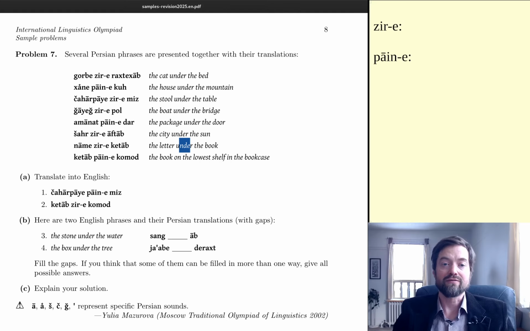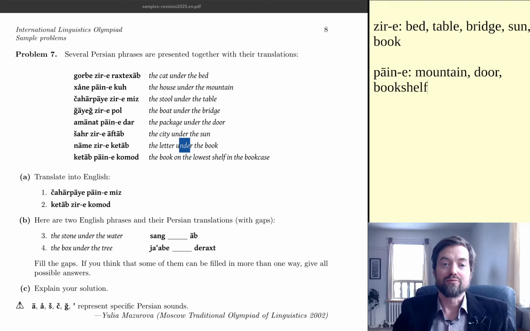Okay, so we have the zires: bed, table, bridge, sun, book. And for paine, we have mountain, door, and then bookshelf case. Lowest shelf, or bookshelf case. It's bookcase shelf. Okay.